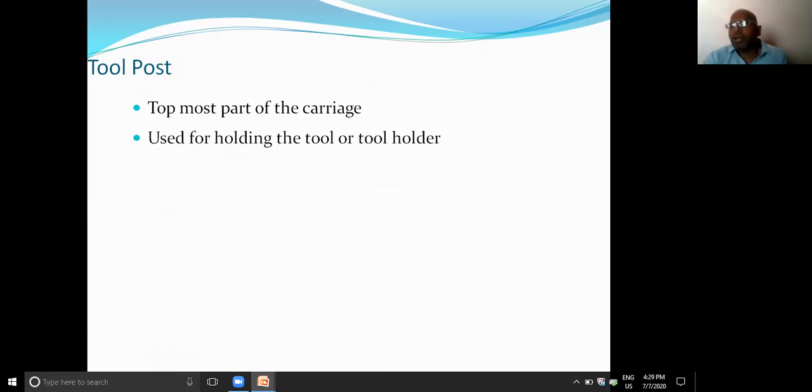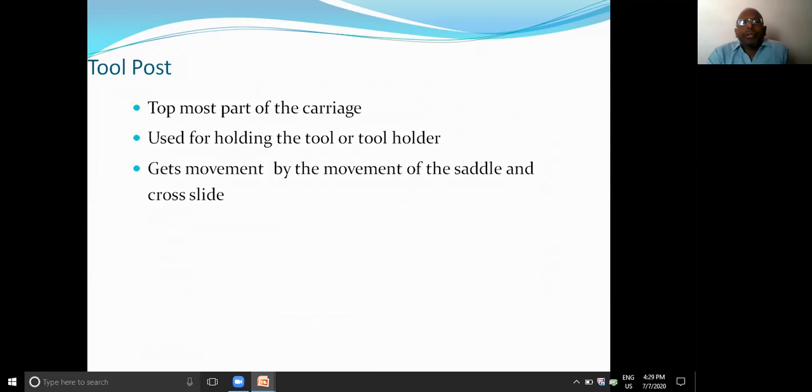Always the center point of the cutting tool should be at the exact same position, parallel to the center of the job, or the center of the axis only. For that purpose, various tool adjustment plates are used. This tool post gets movement by the movement of the saddle and cross slide.